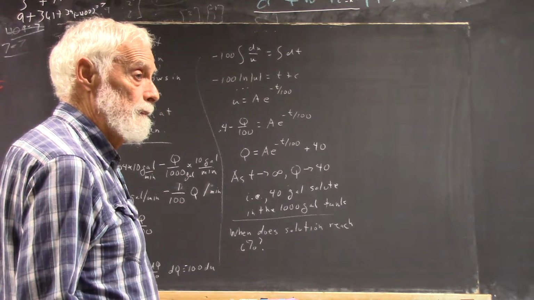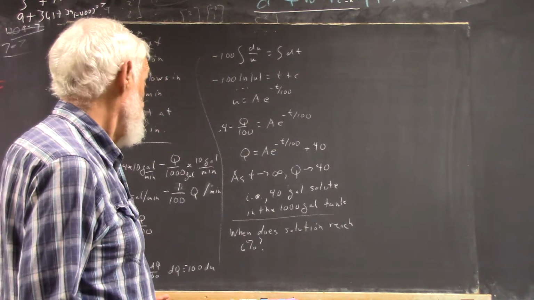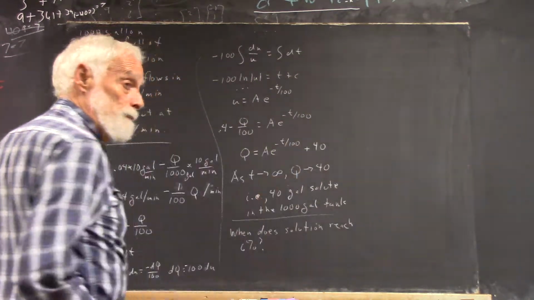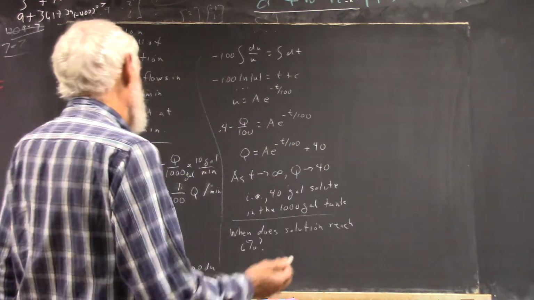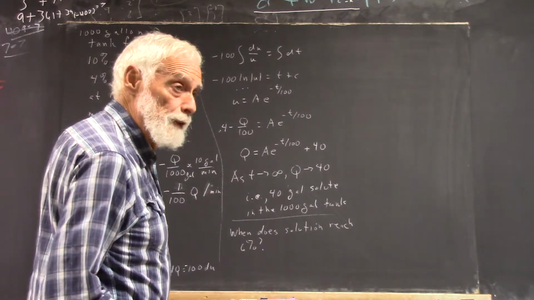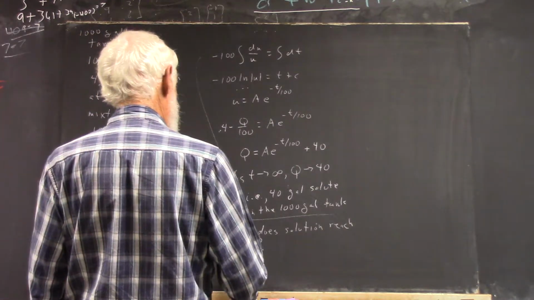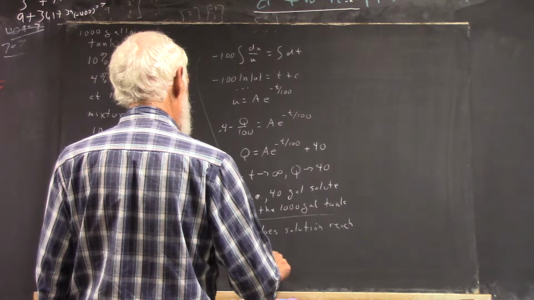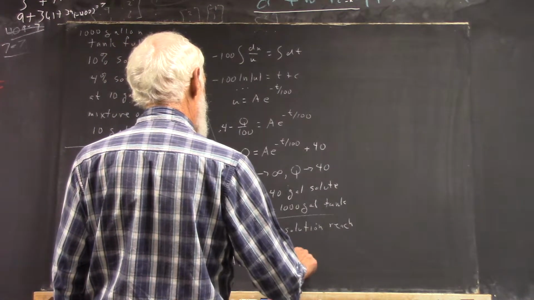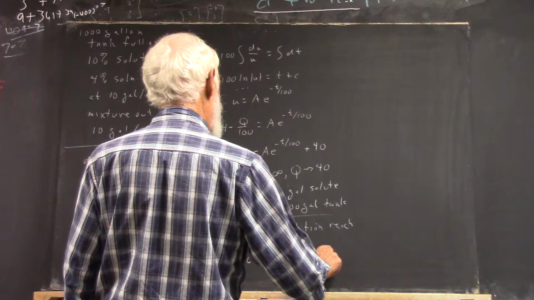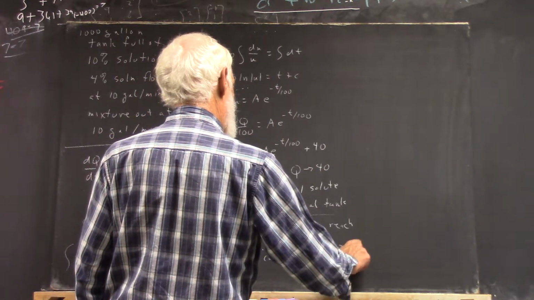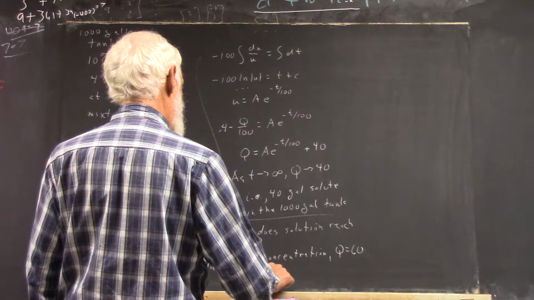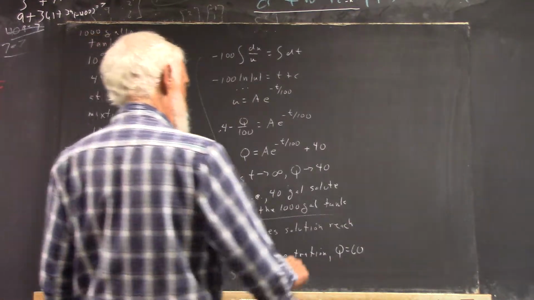Set Q equal to 60. Okay. And then just a matter of doing simple arithmetic, but we'll do that just to illustrate it. Okay? So, 6% concentration, Q equals 60, so solve 60.